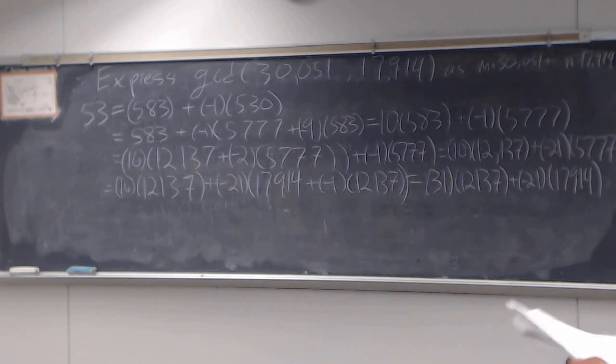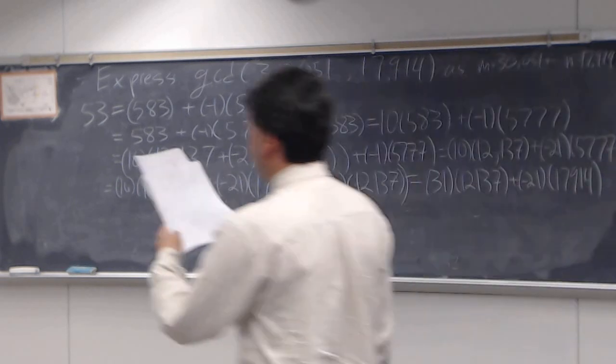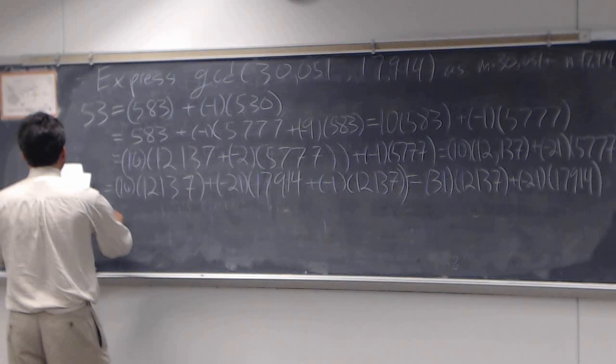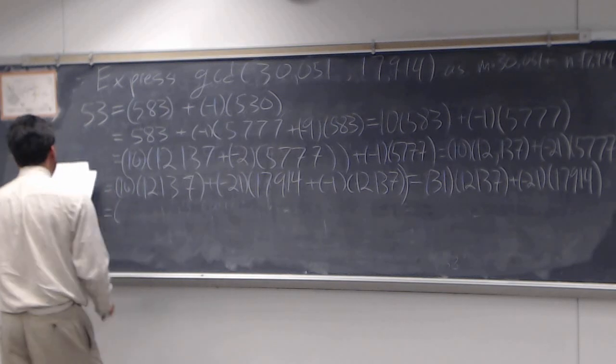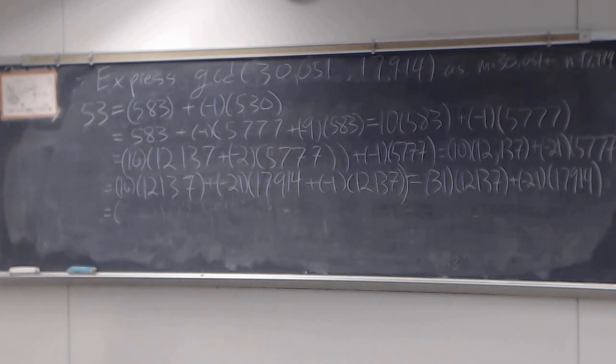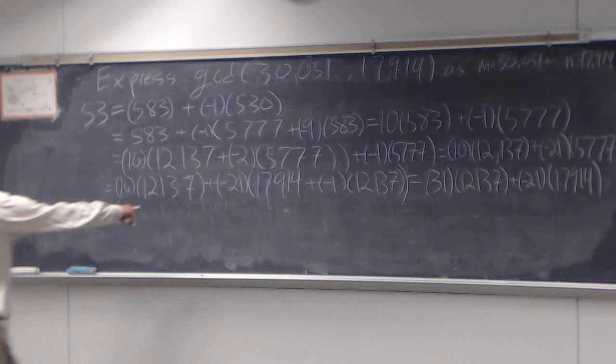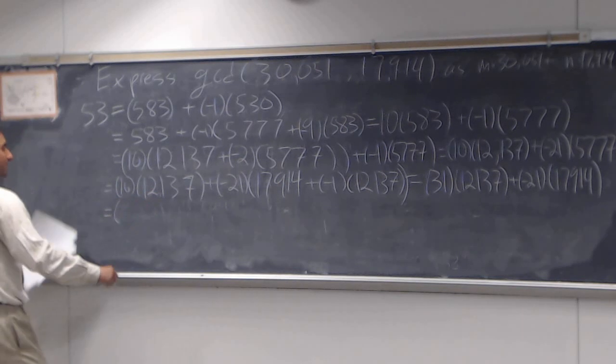So hopefully you can start to see maybe the light at the end of the tunnel. We're almost there, where we've got an expression of this; we just have to get rid of the 12,000. So that'll be our next step. This 12,000 we can get rid of. If you go back to our division algorithm statement, at some point we knew that 30,051 was equal to 1 times 17,914 plus this 12,137 as a remainder.